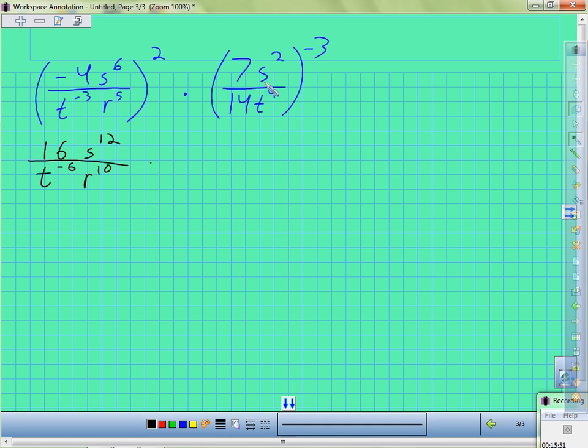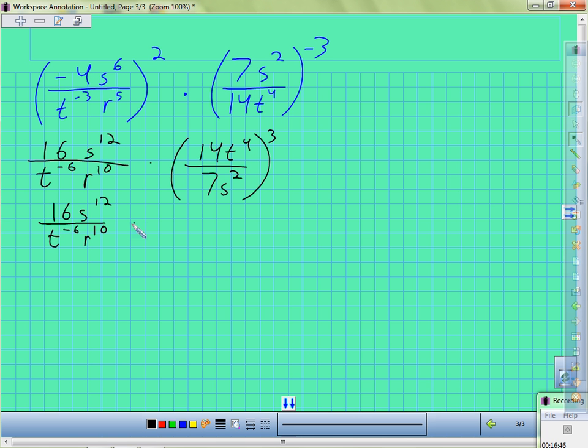Myself, I'm a big fan of going ahead and writing it out so I know what I'm doing. I just like to do that because then I don't have to try and keep things in my head. Right, so do that, 16s to 12 over t to the negative 6, r to the 10, times 14 cubed.